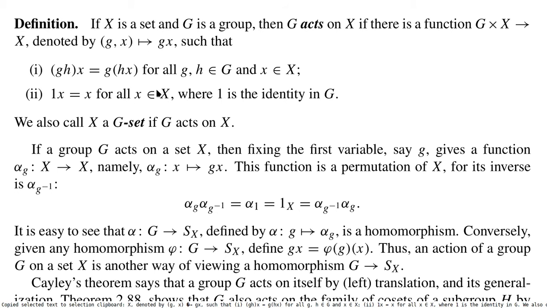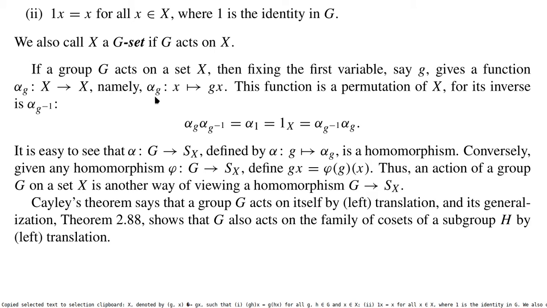So then he says this function is a permutation of X, because if you look at its inverse, that's going to exactly look like what we saw in the translation. Right? So alpha G times alpha G inverse is going to be alpha of 1, which is just the identity. So this alpha, defined by taking group elements and giving you these permutations alpha G, is going to be a homomorphism, right?